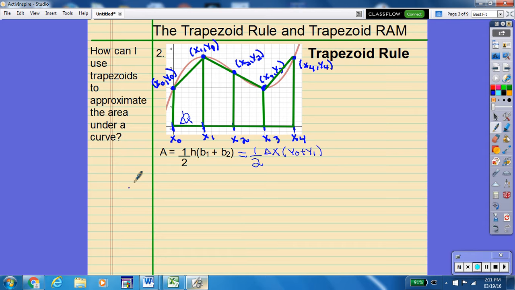Alright, so the area under the curve is going to be approximated by 1/2, this is the first trapezoid, times delta x times y sub 0 plus y sub 1, plus the second trapezoid, which would be 1/2 delta x, and this time it's going to be the first base, which is y sub 1, plus the second base, y sub 2.